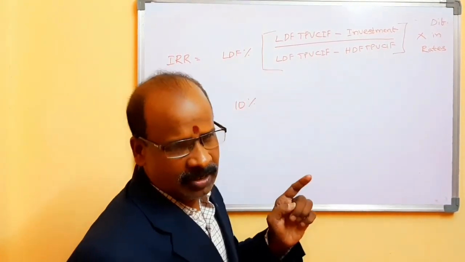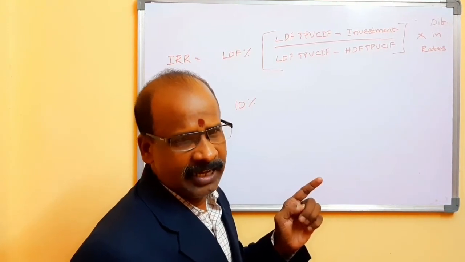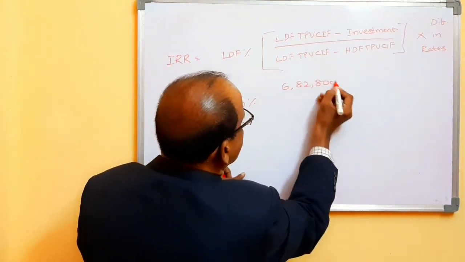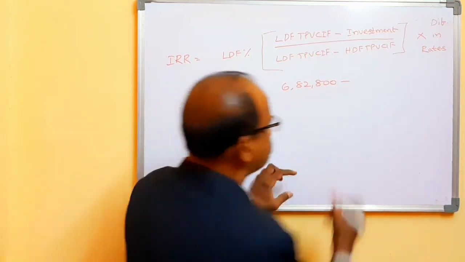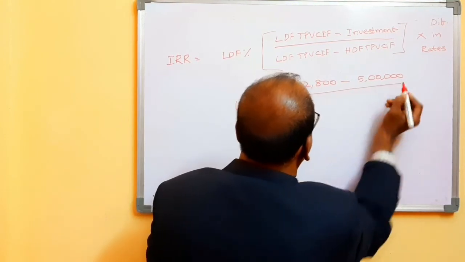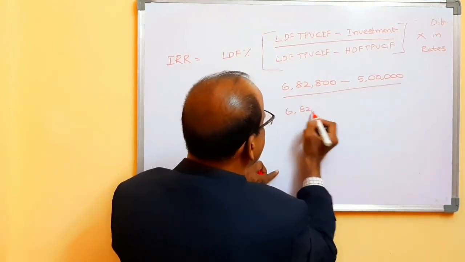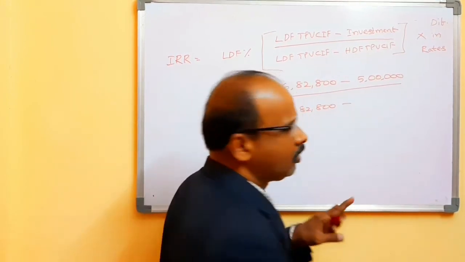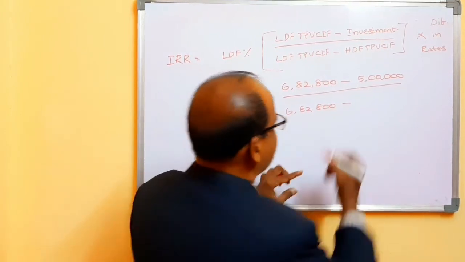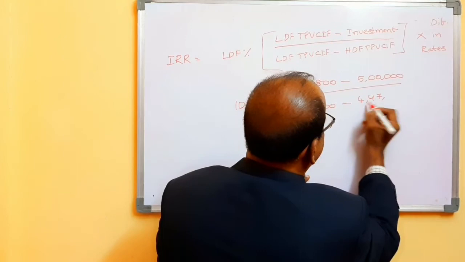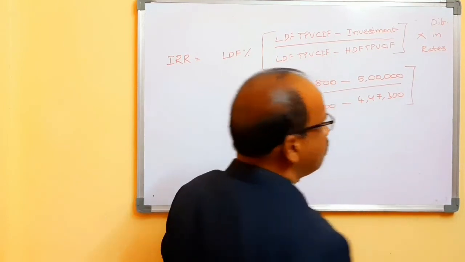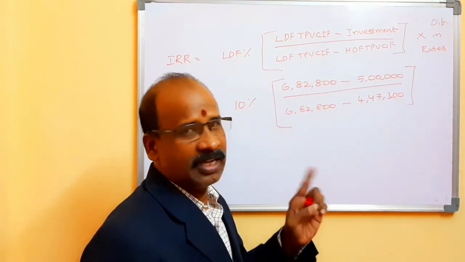At that point, the cash flows are 6,82,800 minus investment 5 lakhs, divided by 6,82,800 minus the highest discount factor cash inflows, 4,47,300, into the difference in rates. 10% and 26%, the difference is 16.